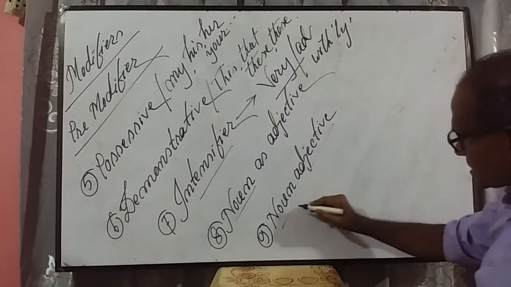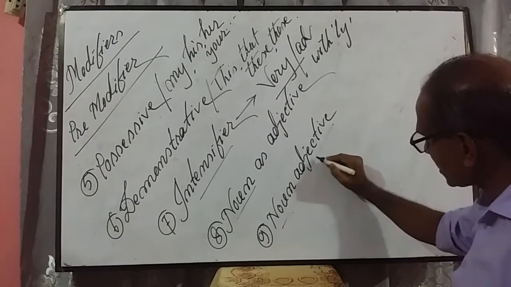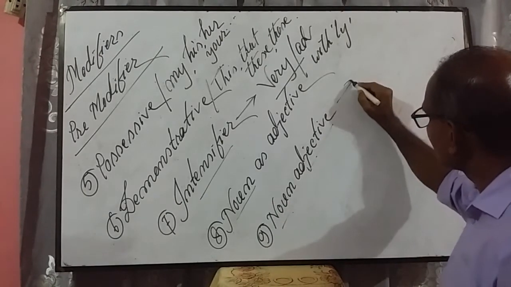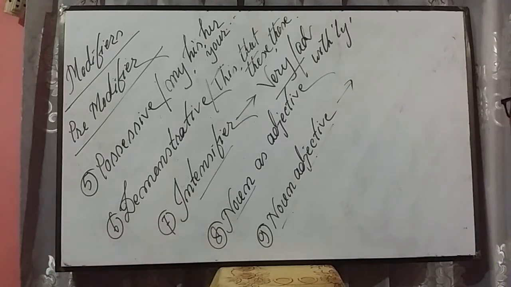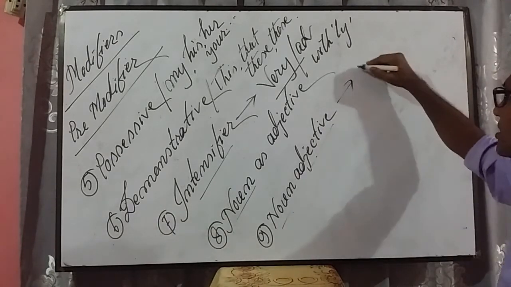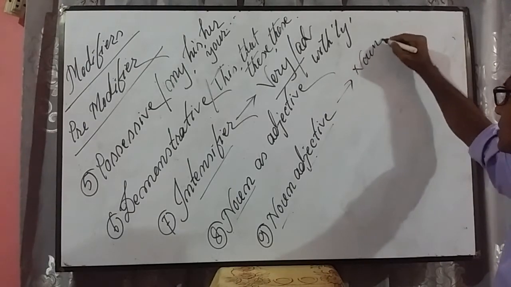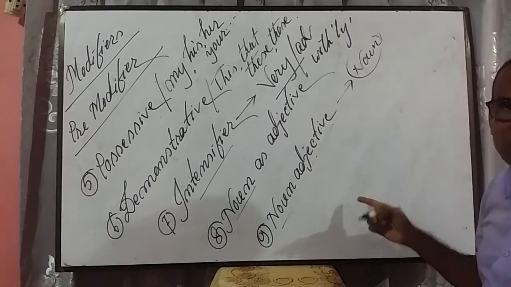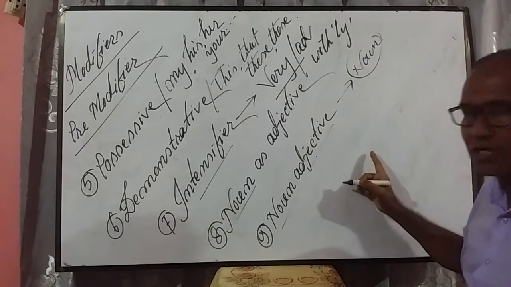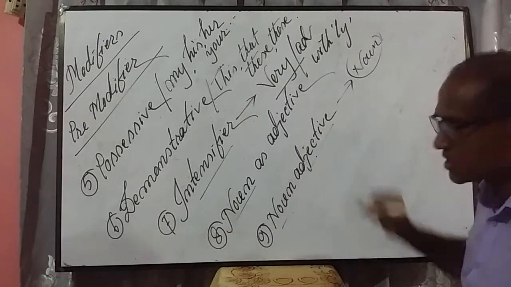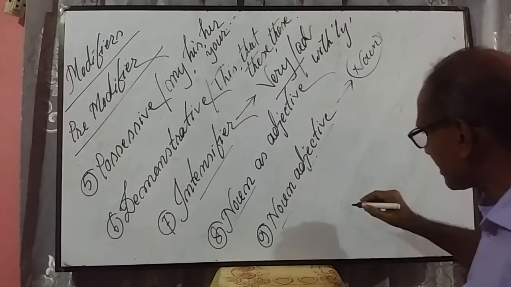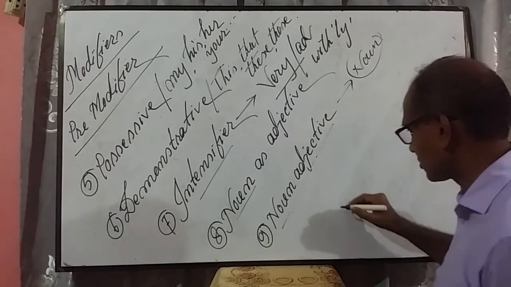Then noun adjective. Noun adjective means you will have one noun, then an adjective, and then the noun that is going to be modified or qualified. This very noun will be modified or qualified by noun plus adjective. I'm going to give you an example.